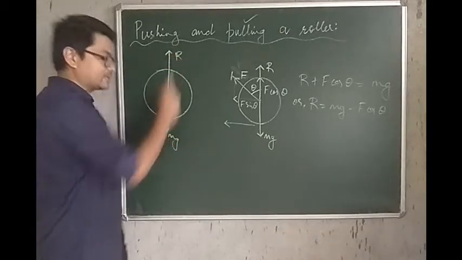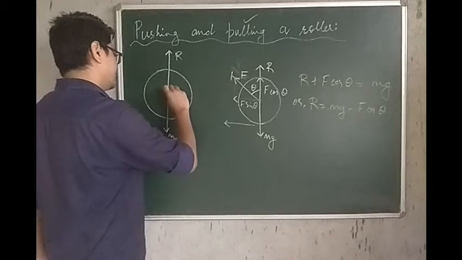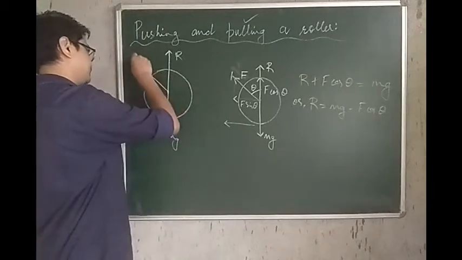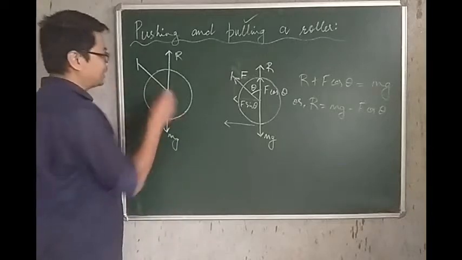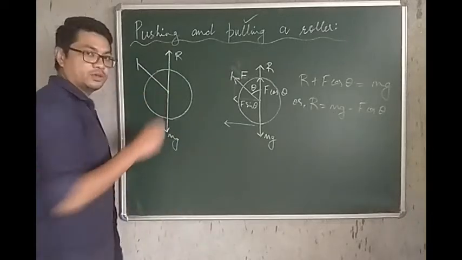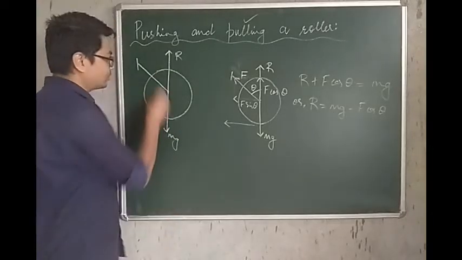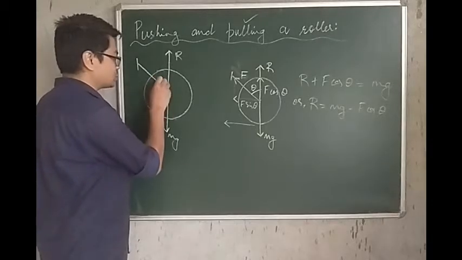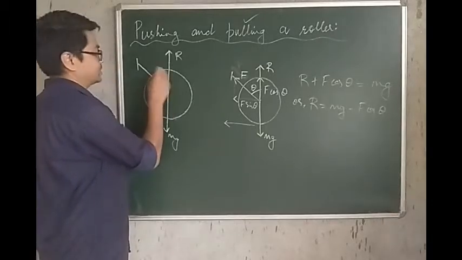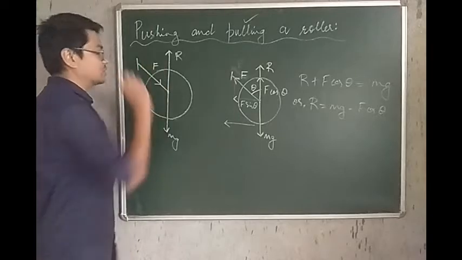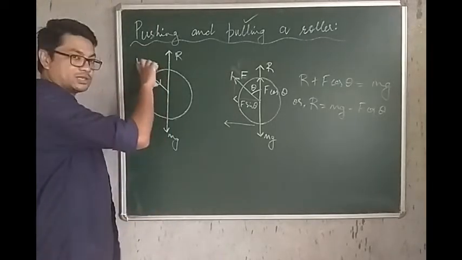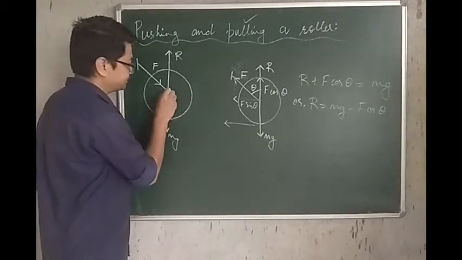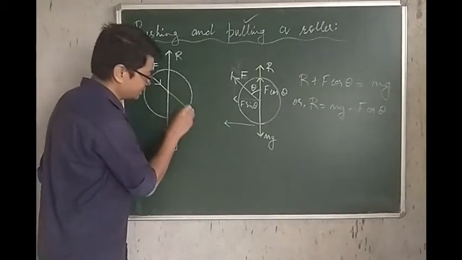At this instant R is equal to mg, don't forget. Here is the handle. Now we apply a force of push on the roller, and the force of push acts in this direction. So here is the force acting.